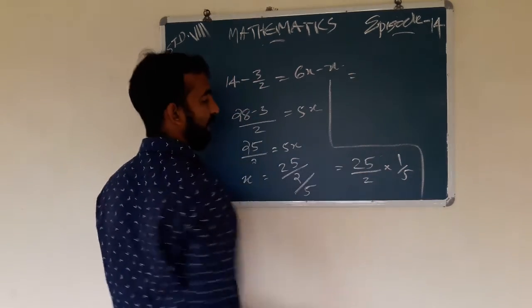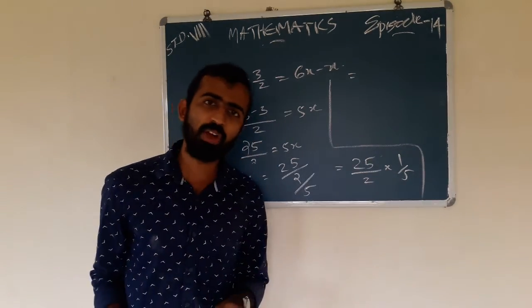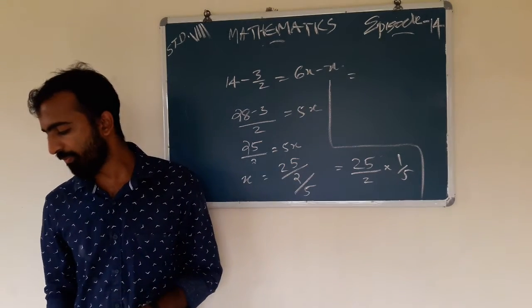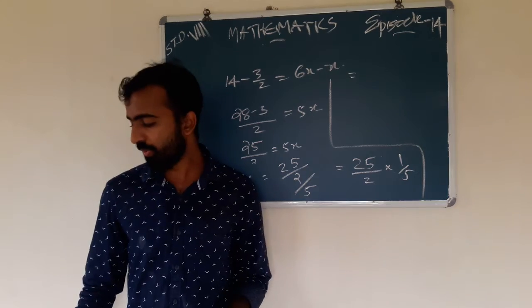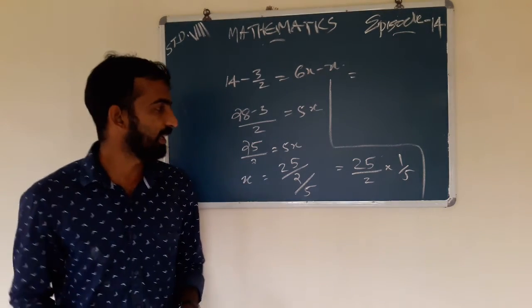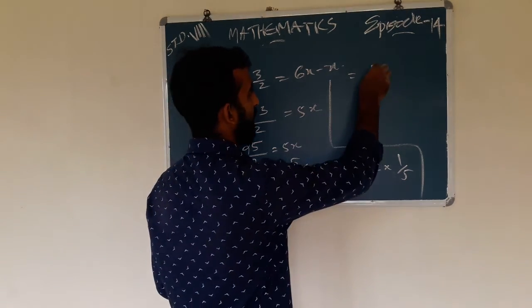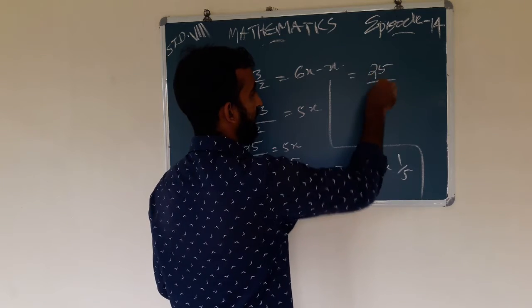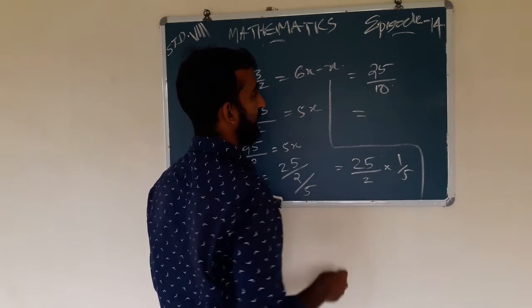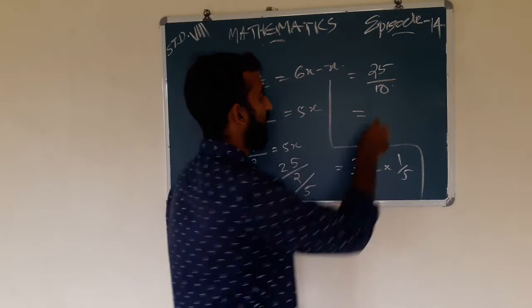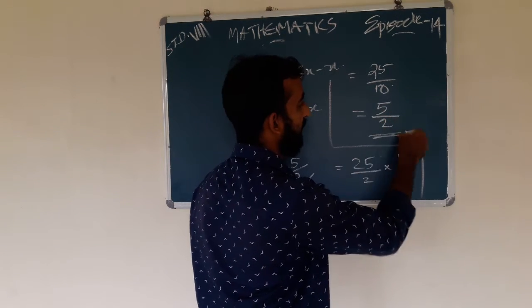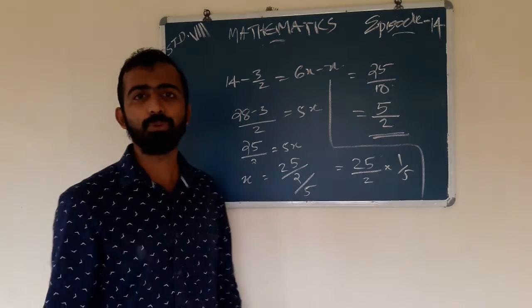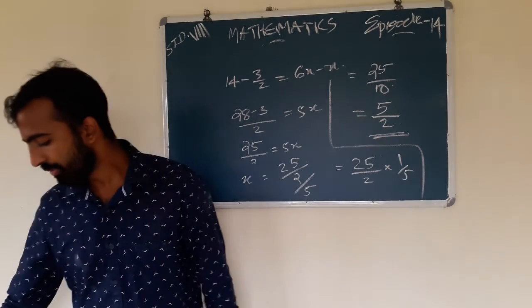What do we get? 25 by 10. That is, when we simplify by 5, we get 5 by 2.